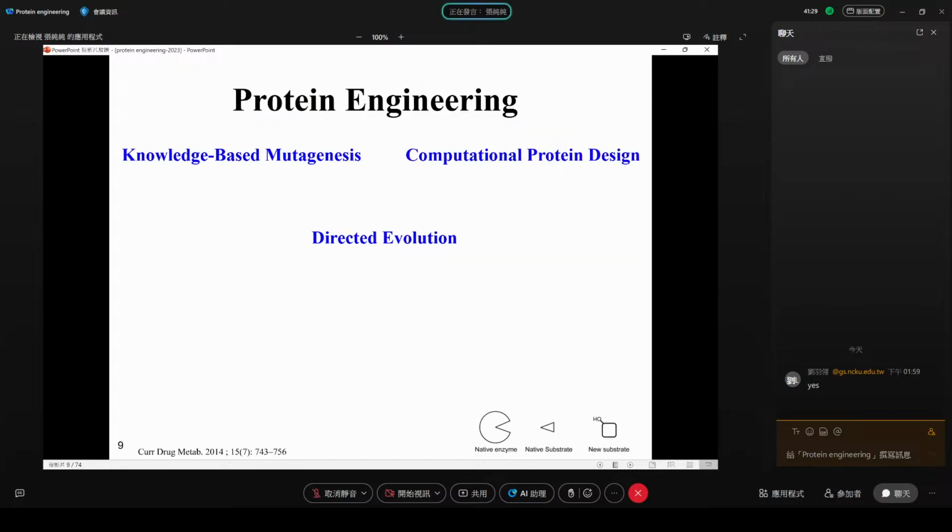All the protein engineering started from random mutagenesis, knowledge-based mutagenesis, or computational protein design, and then through directed evolution, eventually finding the suitable one. What does that mean?